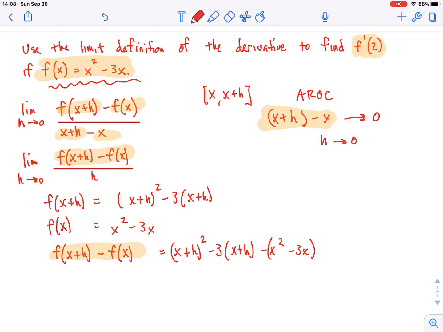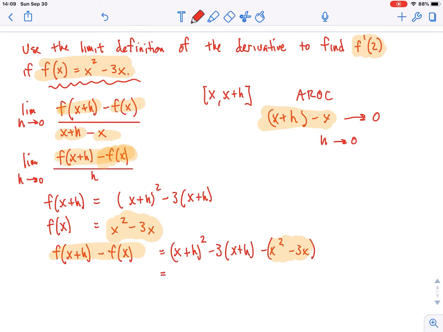You are subtracting the entire f of x, and f of x is this entire expression of x squared minus 3x. So when we subtract this, we must make sure that we are subtracting the entire f of x. It's very easy to miss this final negative sign right there and not change it to be a positive when you distribute the negative sign to it.